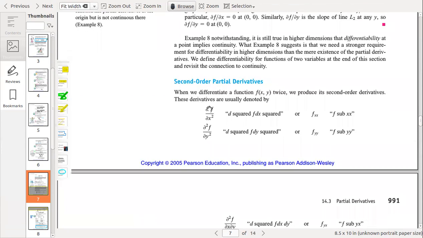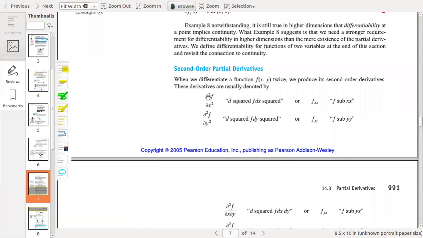Next, second order partial derivatives. When we differentiate a function twice, we produce its second order derivatives. These derivatives are usually denoted by partial square f over partial x square, d squared f dx squared, or we can say fxx.